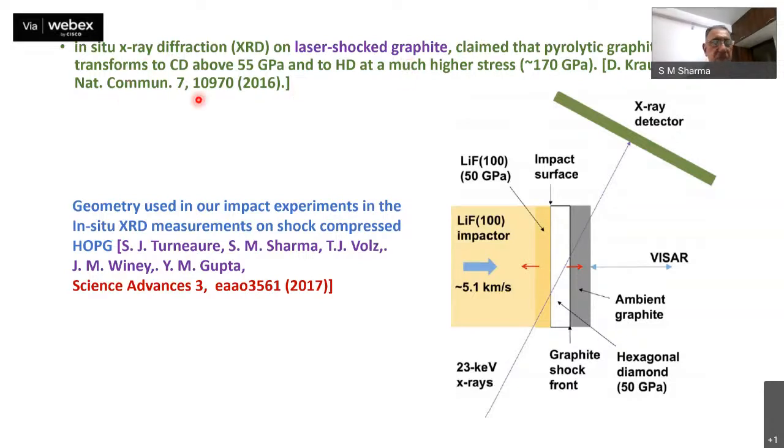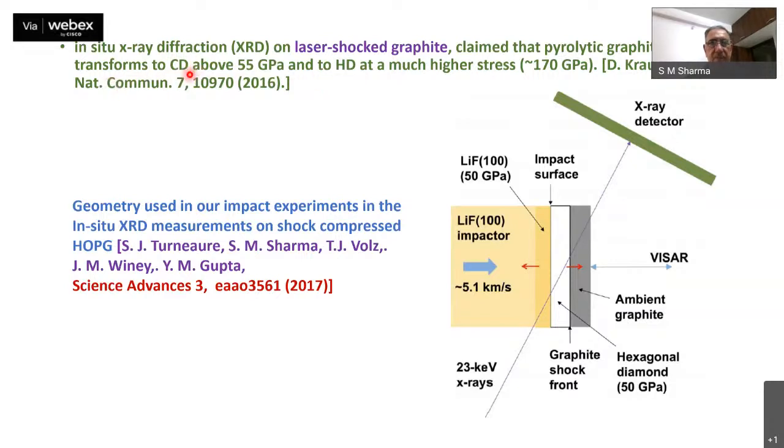Let me mention first the one published in 2016, in which pyrolytic graphite, which is far less ordered graphite, was laser shocked, and the in situ XRD results showed that above 55 GPa, graphite transforms to cubic diamond.